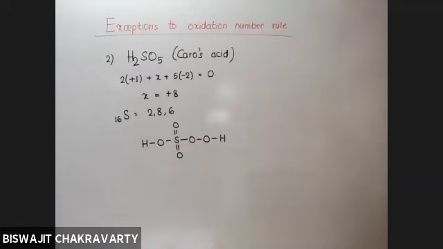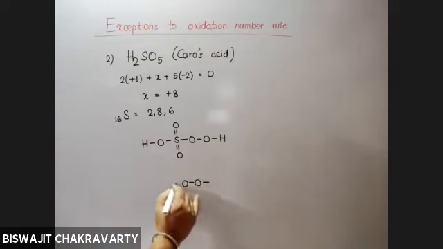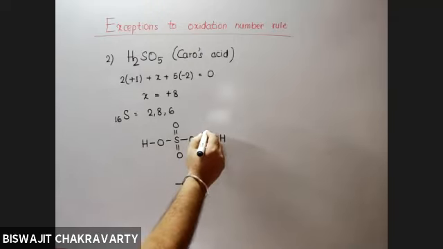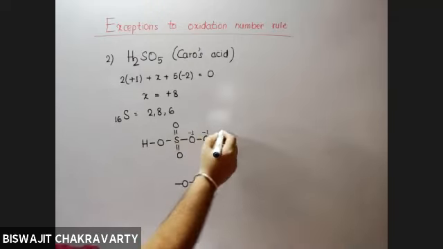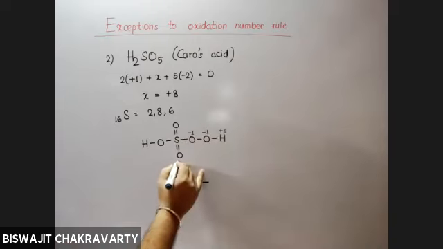Now, if you look at the structure of Caro's acid, tell me how many oxygens are peroxo linkage? Sir, 3. No. This oxygen is not peroxo linkage. In order to be peroxo linkage, it should be oxygen single bond oxygen. Only 2. It means this should be -1, this should be -1, hydrogen should be +1.